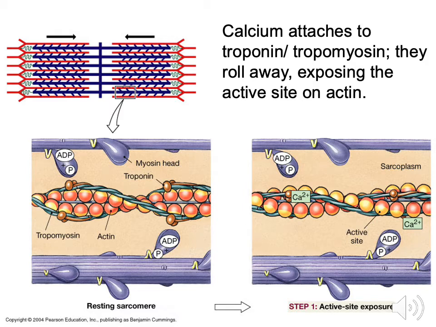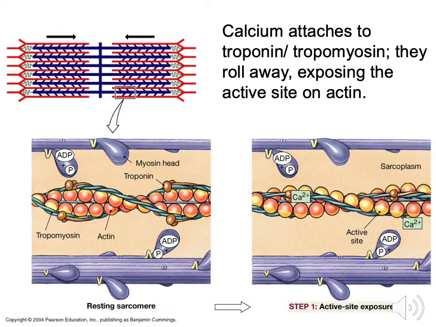Diagram on the bottom left is again our resting muscle. Troponin and tropomyosin are blocking the active sites on the actin, so there is no attachment between myosin heads and actin filaments. Step 1 is what we saw previously, the exposure of the active sites due to the release of calcium into the muscle.